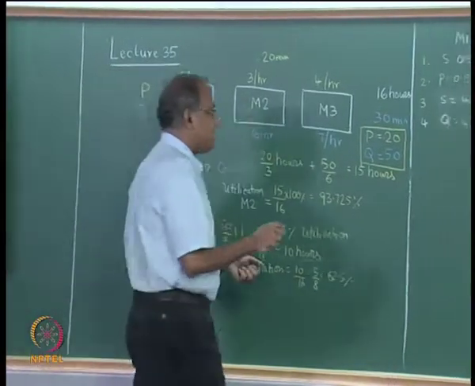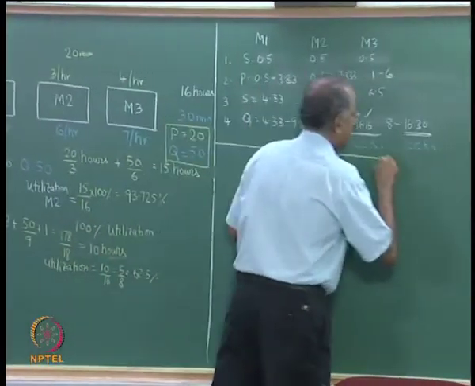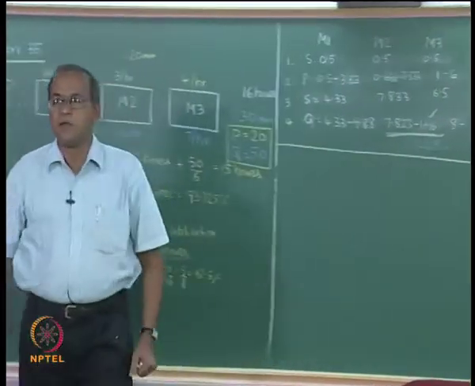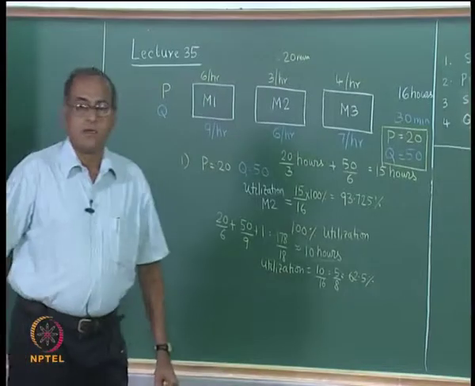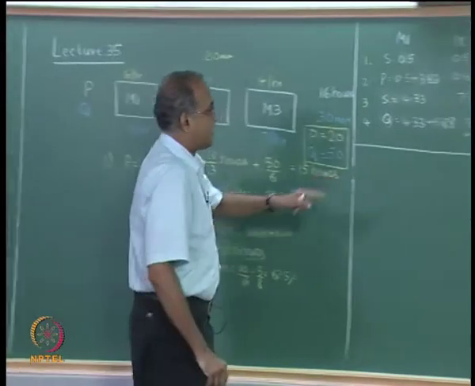Now, if we apply the 7th principle, the process batch should be variable along its route and over time. Here this is definitely a bottleneck.